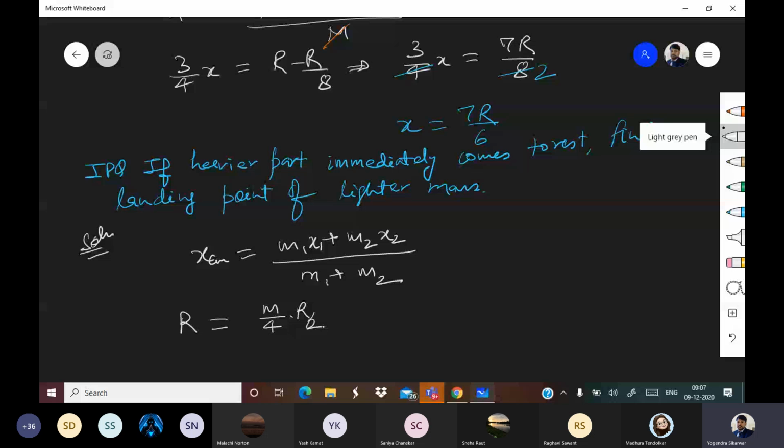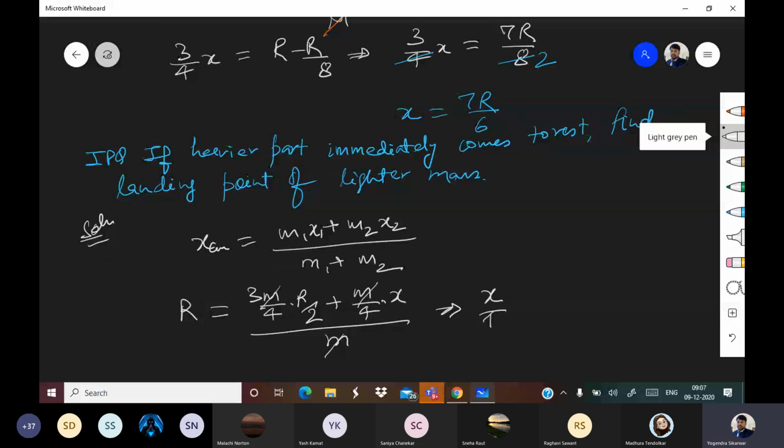So 3M by 4 into R by 2, plus M by 4 into X, upon M. So what do we get is X by 4 is equal to R minus 3R by 8.